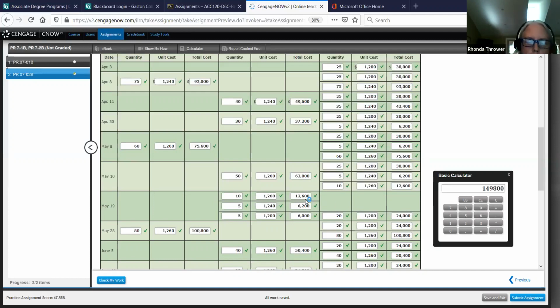And then we're going to add 12,600. And then we're going to add 6,200. And then we're going to add 6,000. And then we're going to add 50,400.